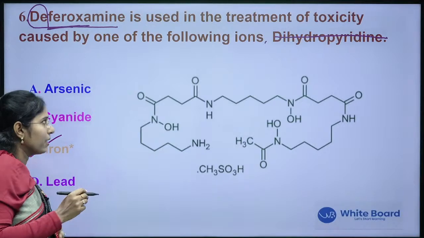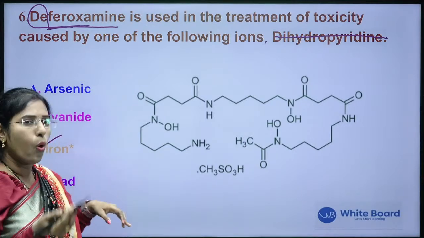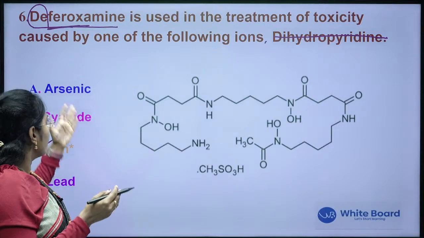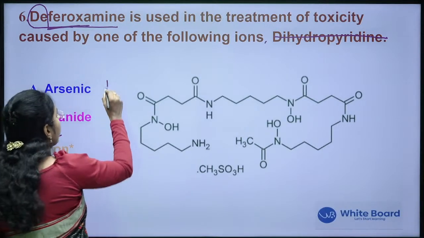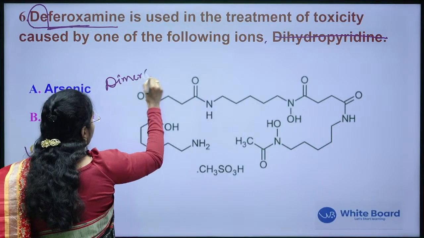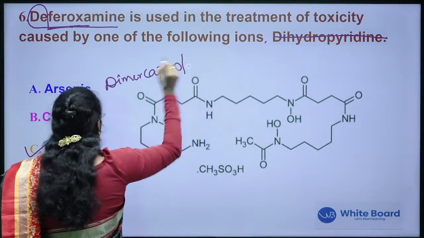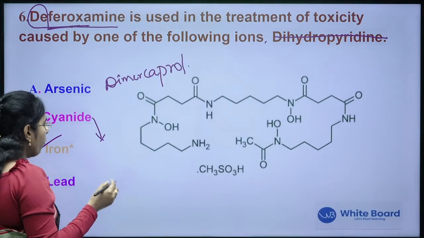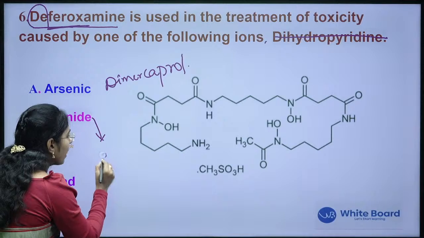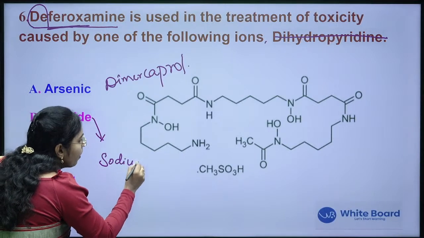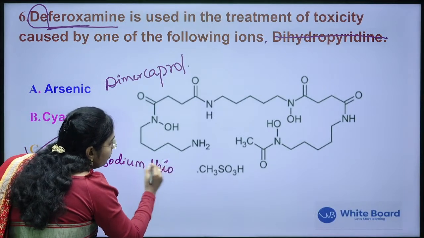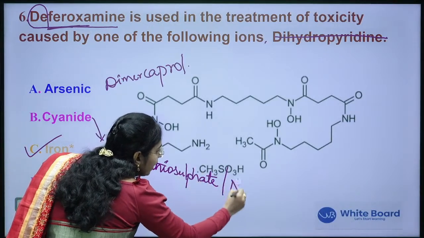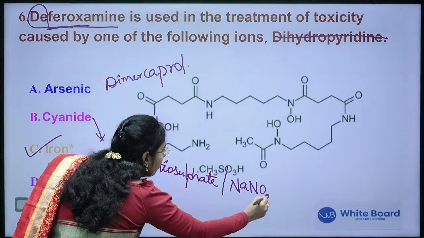Whereas for arsenic, lead, gold and mercury poisoning, the antidote will be dimercaprol. For treating cyanide poisoning, generally we will go for sodium thiosulfate and sodium nitrite, not nitrate, sodium nitrite.